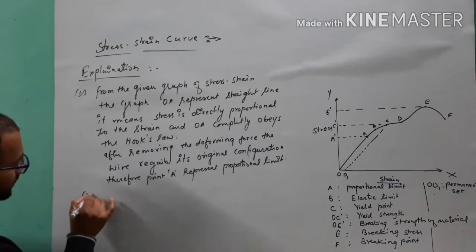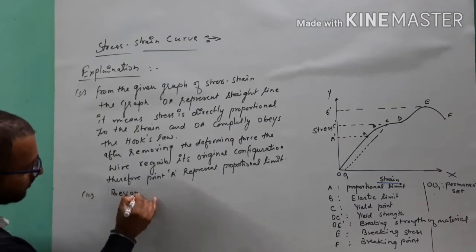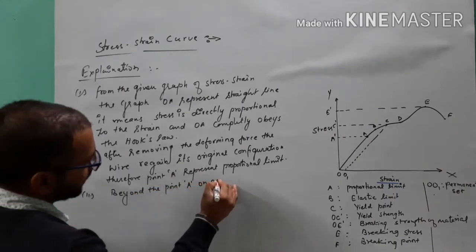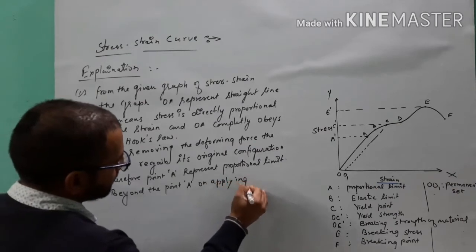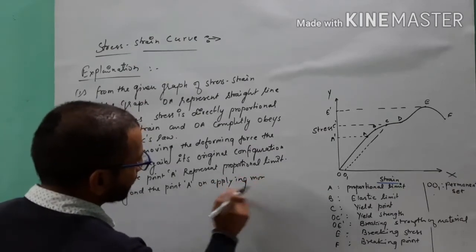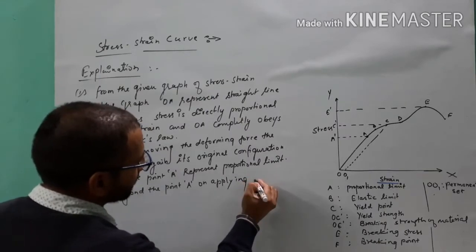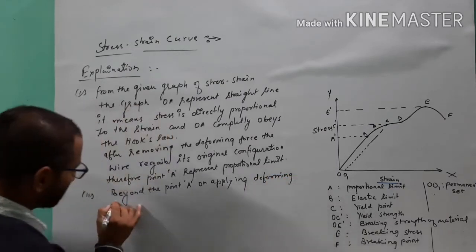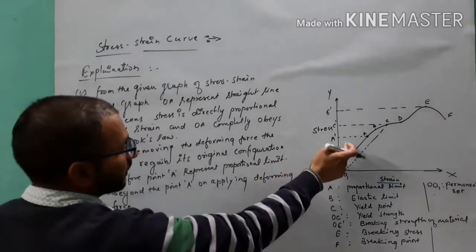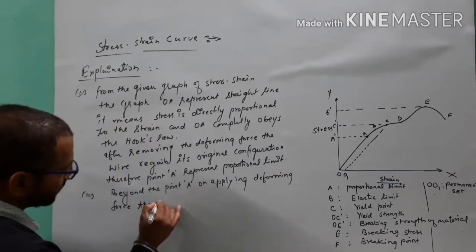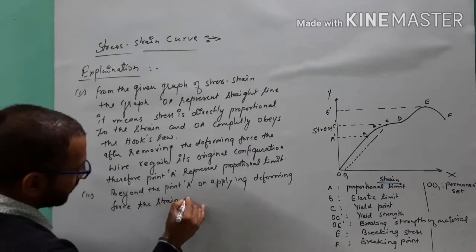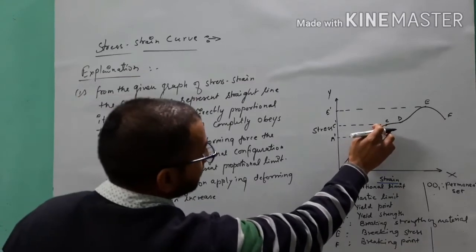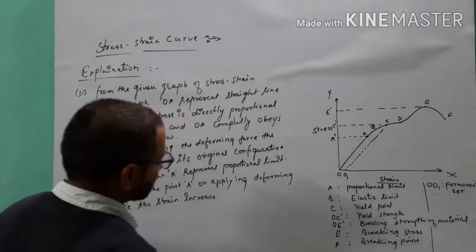Now in the second point, when we talk beyond the point A, on applying more deforming force, or you can say on applying deforming force beyond this point, the strain increases, but as you are seeing here, A to B, this is our B point, A to B is not a straight line.